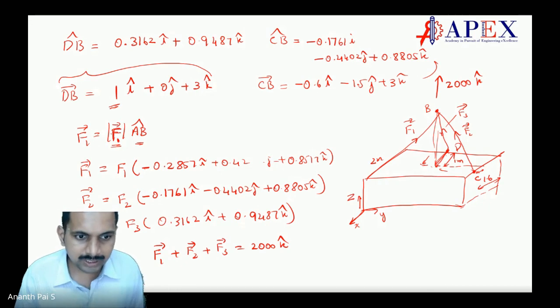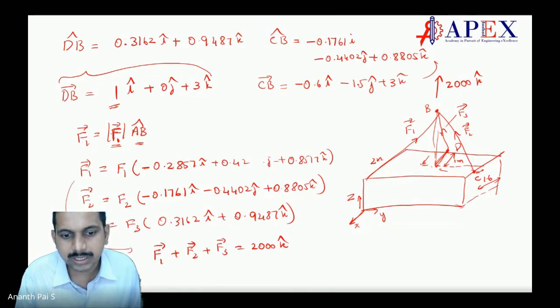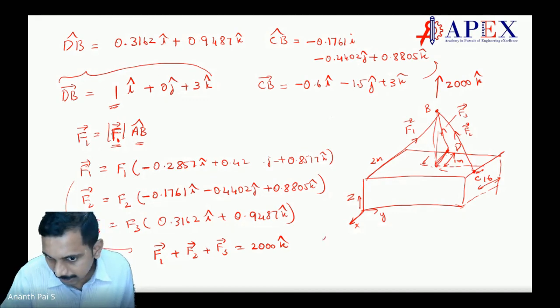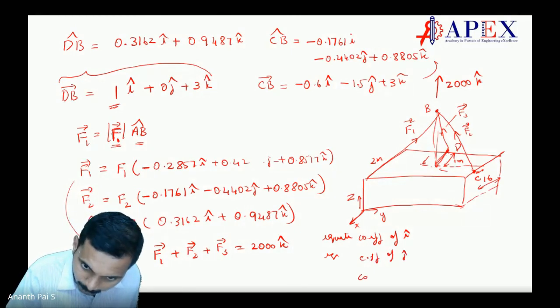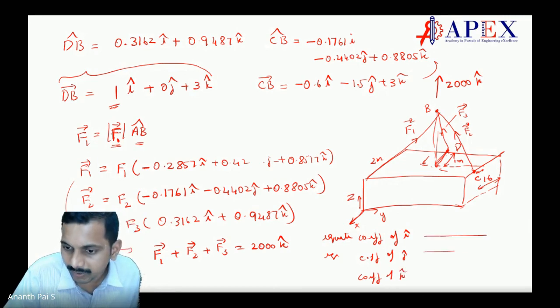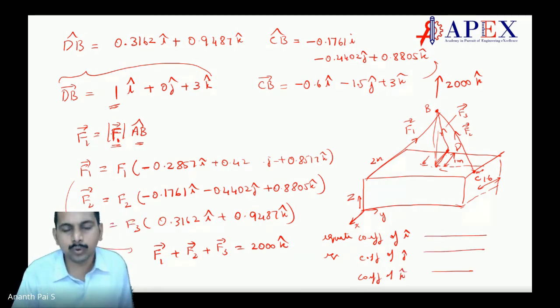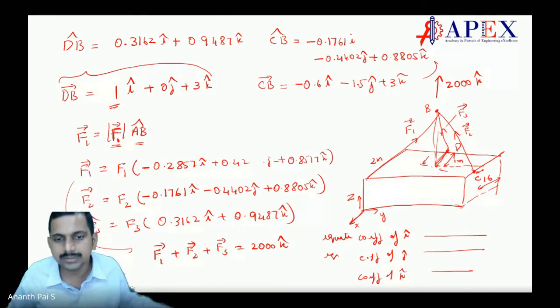See what we have to do. We have to substitute this here, substitute this here, substitute this here. Then equate the coefficients of i, then equate the coefficient of j, and then equate the coefficient of k. So you will get 3 equations and 3 unknowns. You have to solve these 3 equations to find the 3 unknowns.